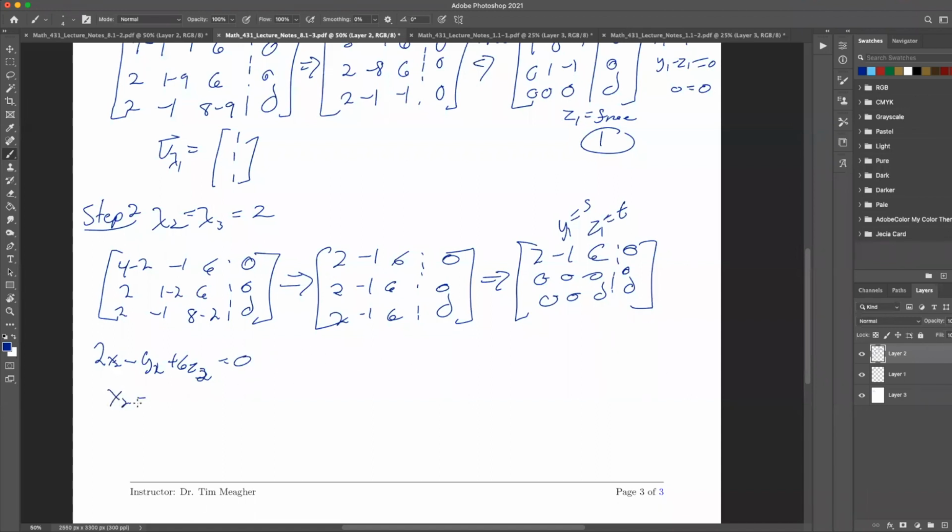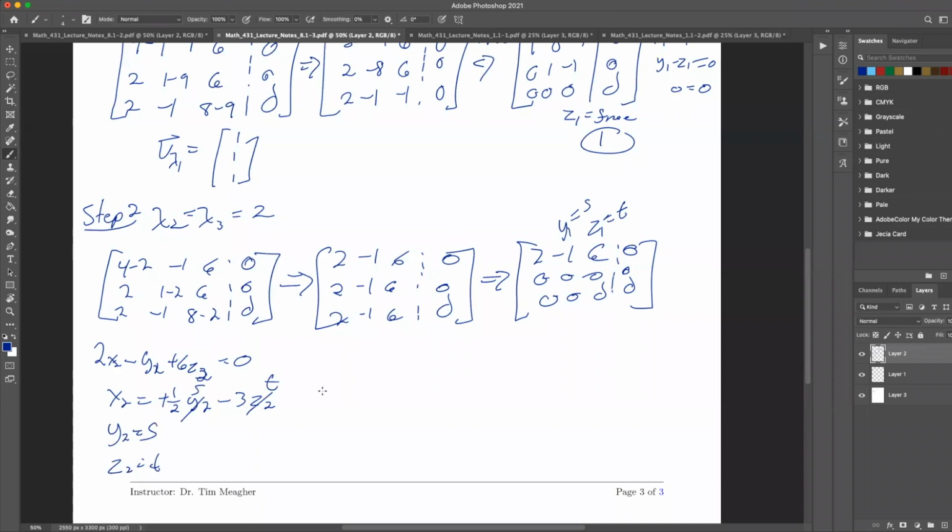So that means x2 is equal to 1/2 y2, and let's move it to the other side, minus 3 z2. And here we'll have y2. We're just going to set that equal to s, and then z2, we're going to set that equal to t. And so here, if I swap this out, this is now an s, this is now a t.